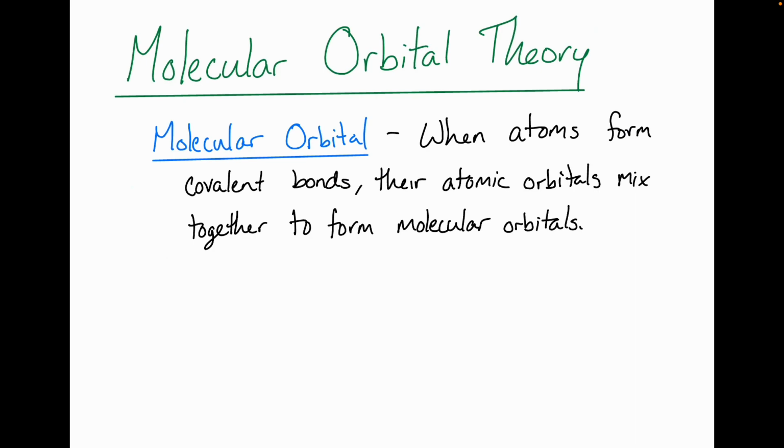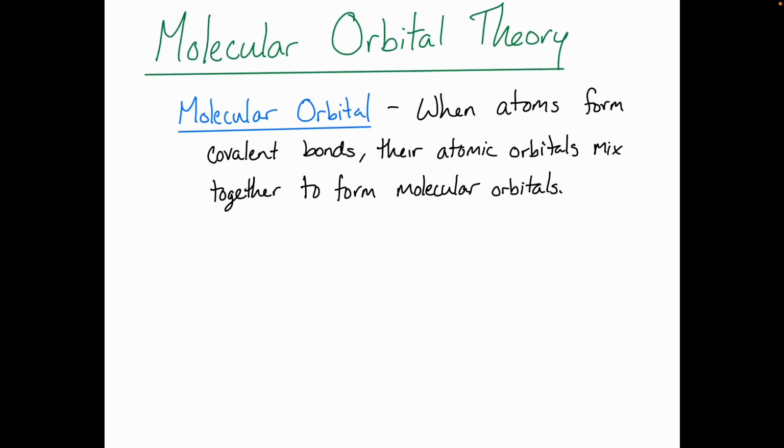Remember the atomic orbitals, that's that 1s2, 2s2, 2p6, all that business, right? Each atom has electrons living in orbitals. When we take two atoms and we put them together and they form a covalent bond, those atomic orbitals mix together to form these new type of orbitals we call molecular orbitals. Okay, so let's take a very simple example to start out with.